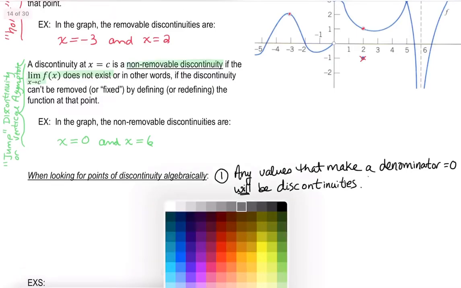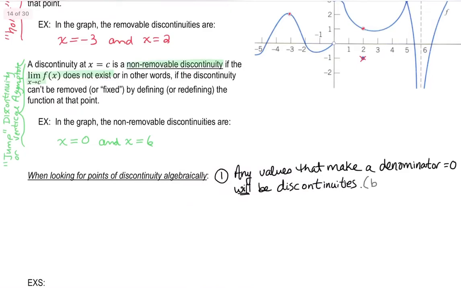That's because they'll fail step one in our three-part definition, meaning these are places where the function does not exist.